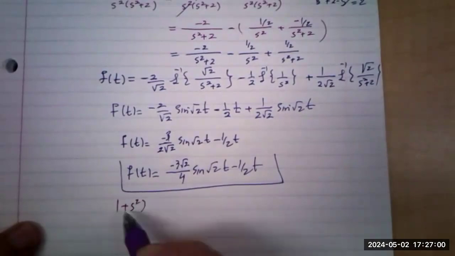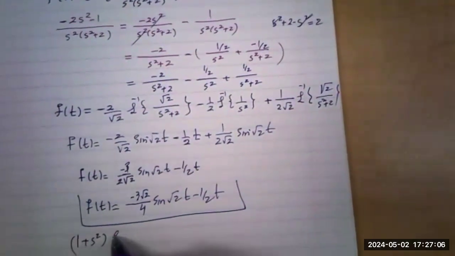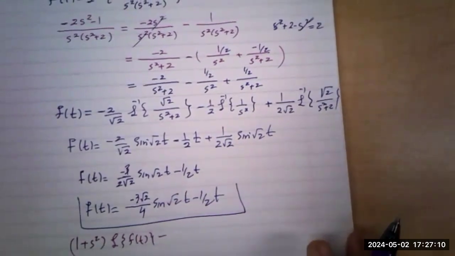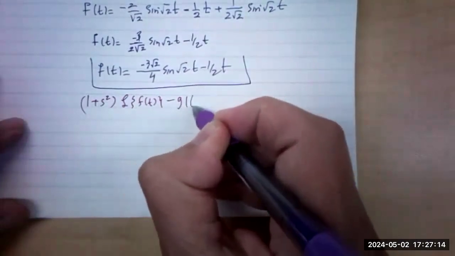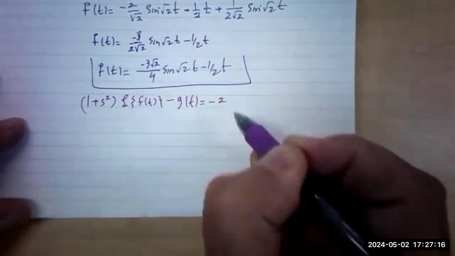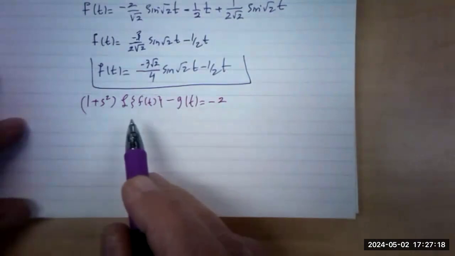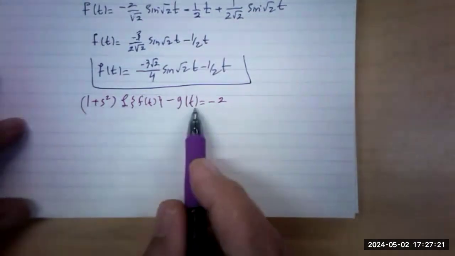We have different choices for this one. 1 plus s², Laplace of f of t. I have to rewrite it. It's minus g of t equal to, I think it was a -2. So we just substitute.